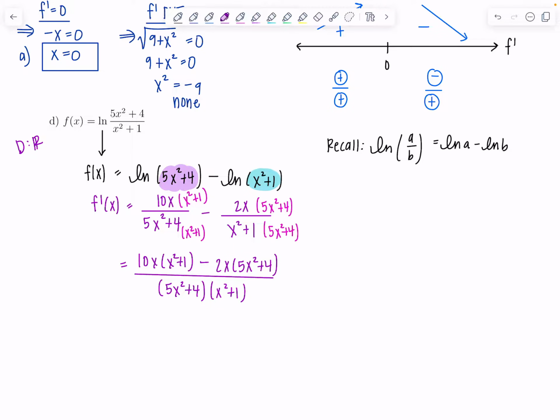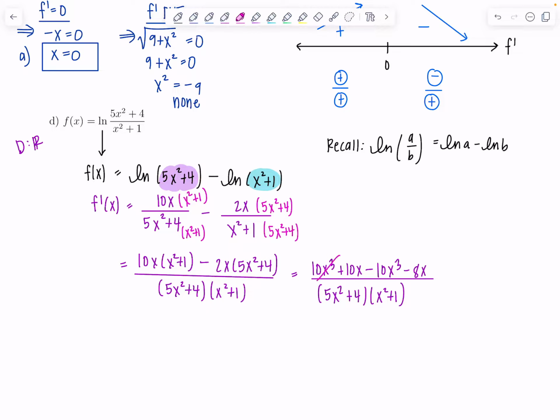Okay, good. So then I have minus 2x times 5x squared plus 4 over 5x squared plus 4 times x squared plus 1. Okay, remember, 99% of the time in your math career, you're not multiplying out the denominator. You leave it alone. We're going to just distribute in the numerator and clean things up. So this is going to be 10x cubed plus 10x minus 10x cubed minus 8x over 5x squared plus 4 and x squared plus 1.